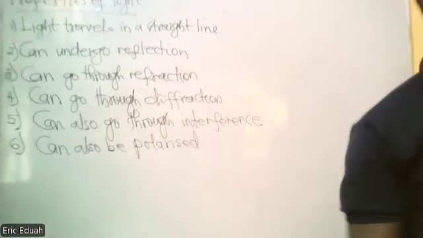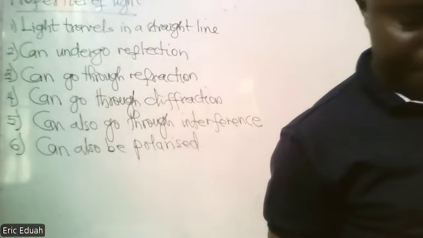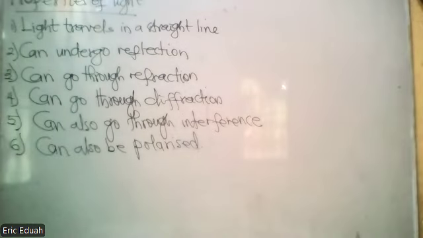So these are some of the key properties or characteristics of light. Light travels in a straight line, can undergo reflection, can go through refraction, can go through diffraction, can also go through interference, and can also be polarized.